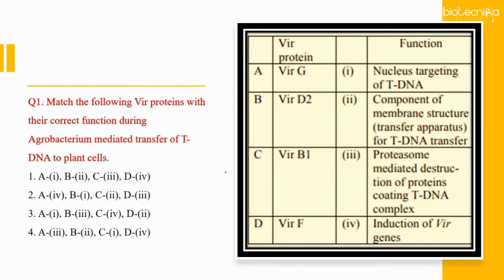On one hand, you will find proteins mentioned. On the other side, their functional aspect is mentioned. Just try to find out what is the correct combination over here. I want everyone to participate and give the answers.